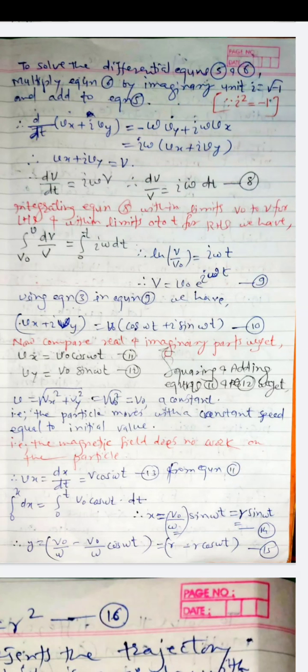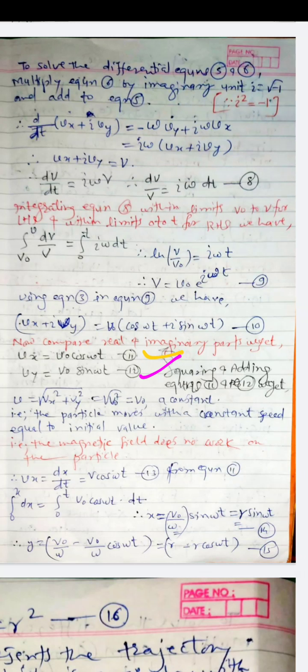Once we have equation number 10, compare the real and imaginary parts of the LHS and RHS of this equation. It takes the form vx equal to v0 cos omega t and vy equal to v0 sin omega t.